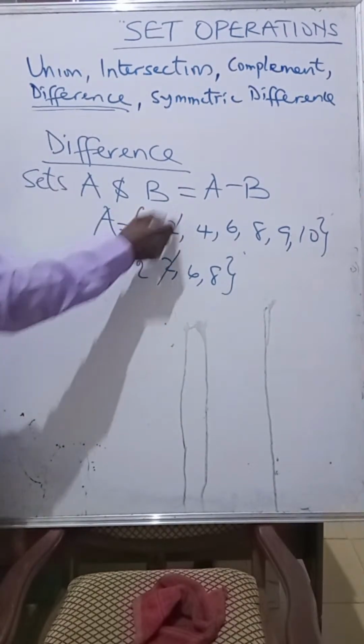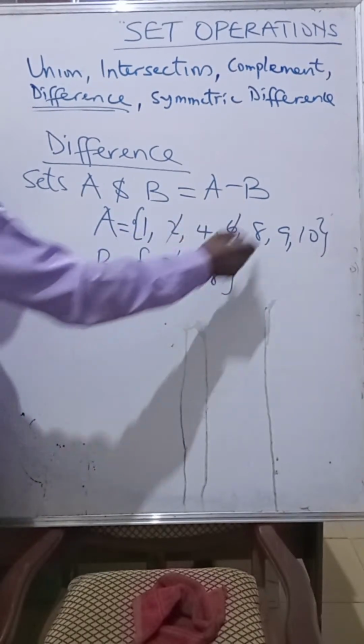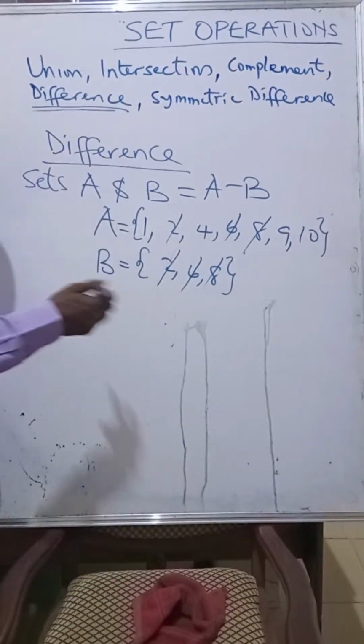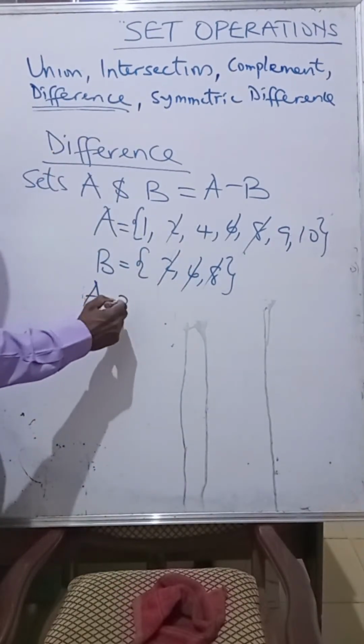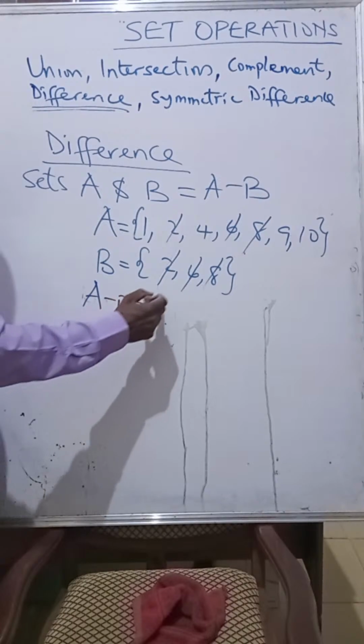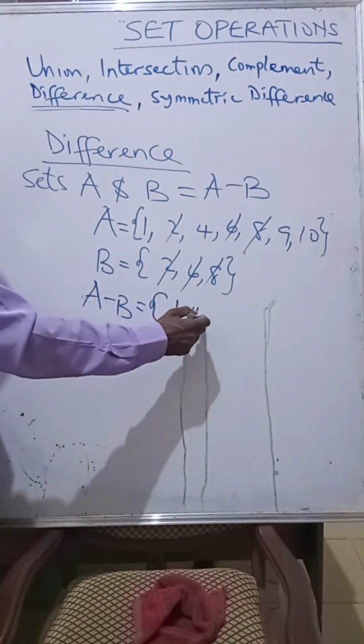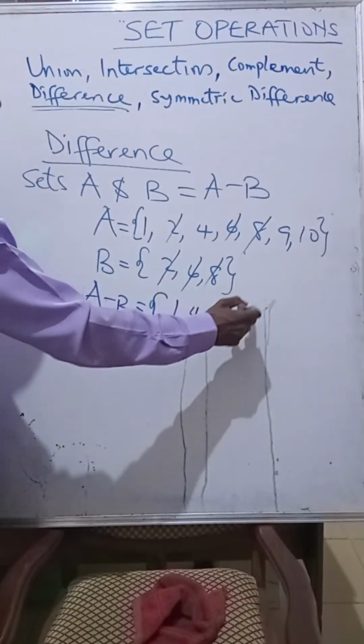So this one is struck out, this one also, this one also. What is left is your A minus B. So A minus B is equal to 1, 4, 9, 10.